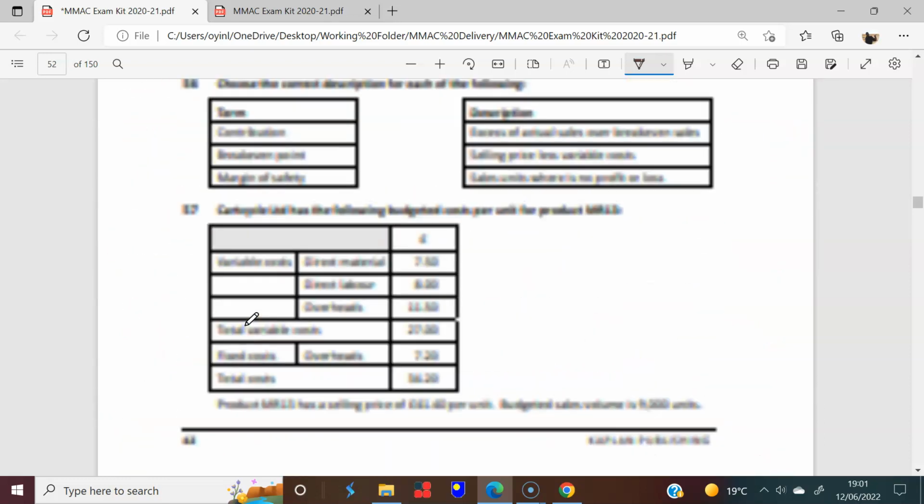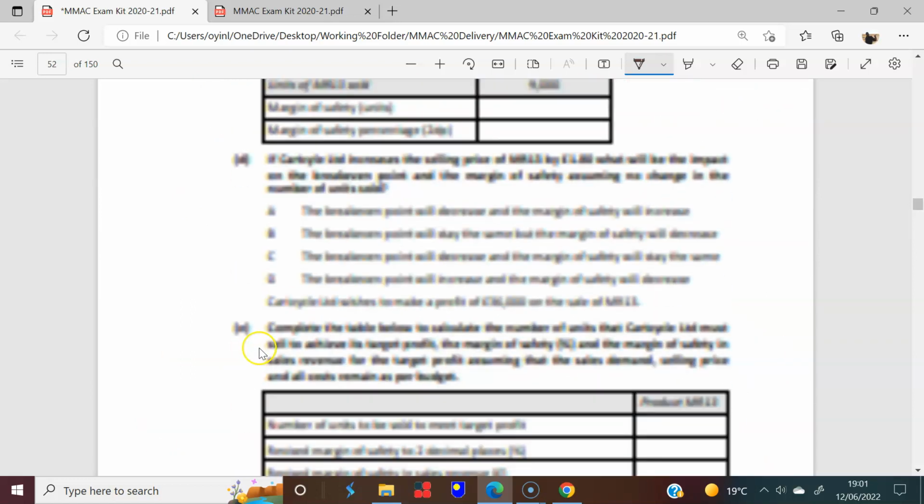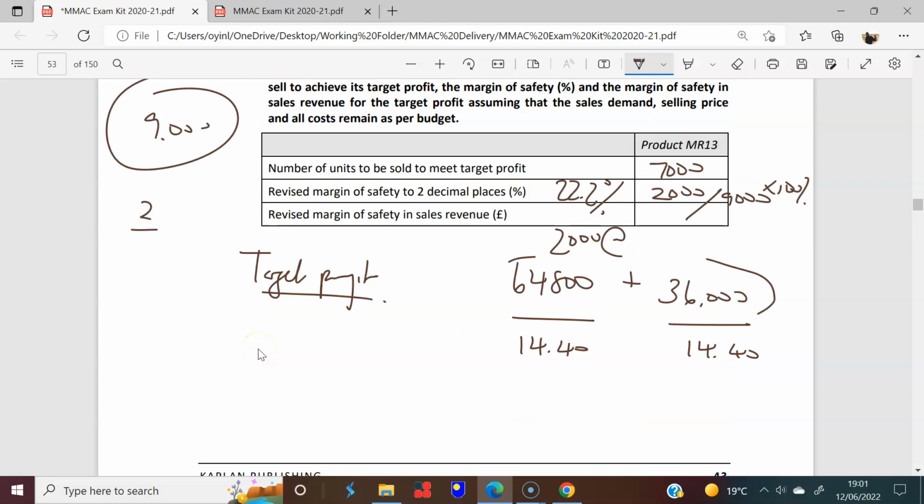Yes, I believe so. 2,000 times £41.40, and we have 82,800, right? And that's where we are with this question.